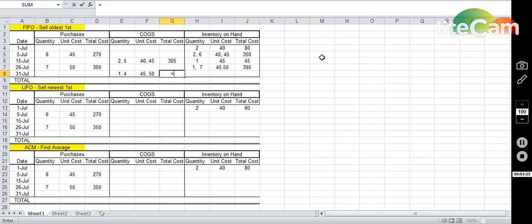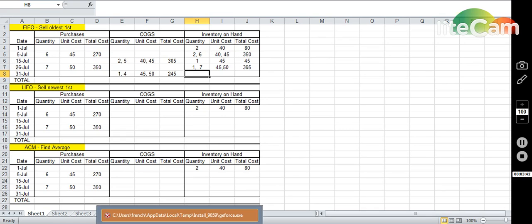So I'll have 45 plus 4 for 50 is 200. So my inventory on hand now is going to be, I had 8, I sold 5, so I have 3 left over. 3 for 50.